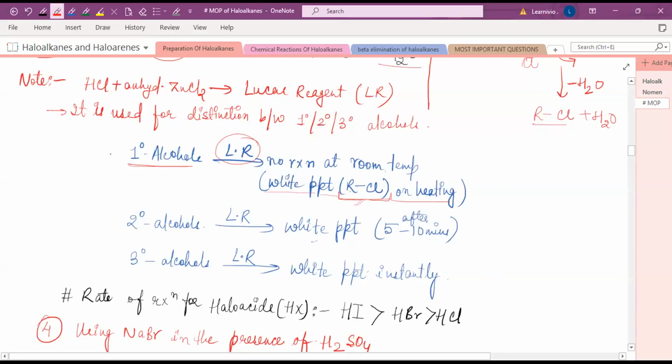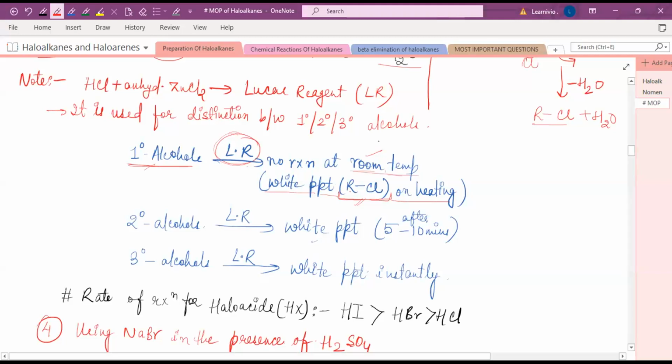Got it? So if the alcohol is primary, then it will give no test, no reaction at room temperature. When you treat the primary alcohol with Lucas reagent, it will have no effect at room temperature. Just remember this.